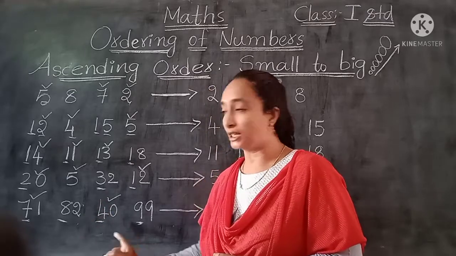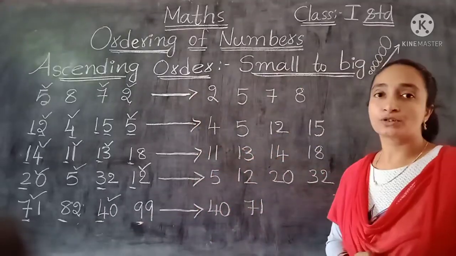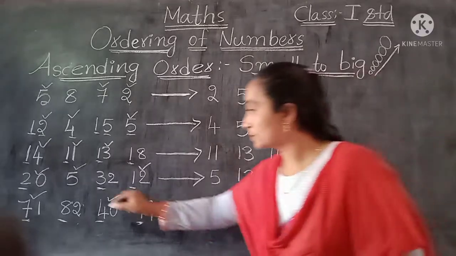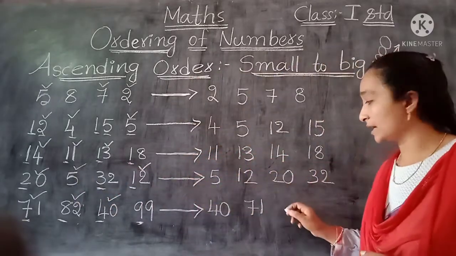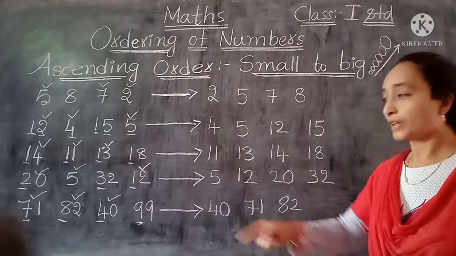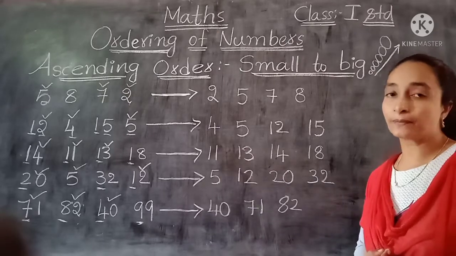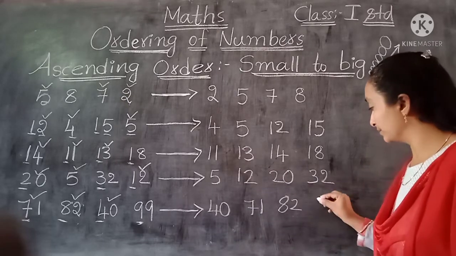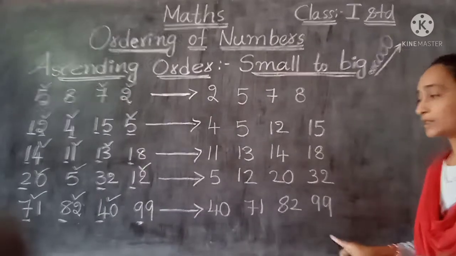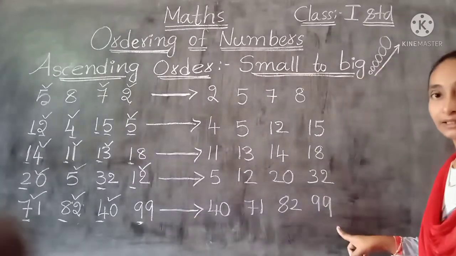Only remaining 2 are left. 8 and 9. Again, which is the small number? Yes, 8. So here we can give the tick mark, 82. And 1 is left over there, that is 99. So completed the order small to big.